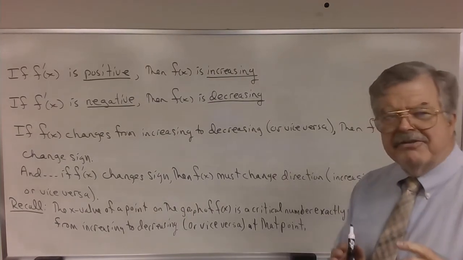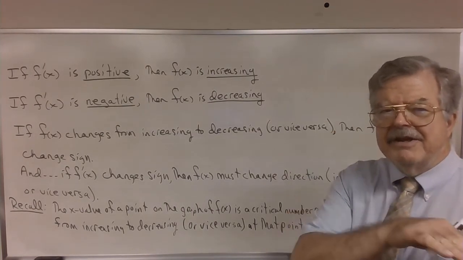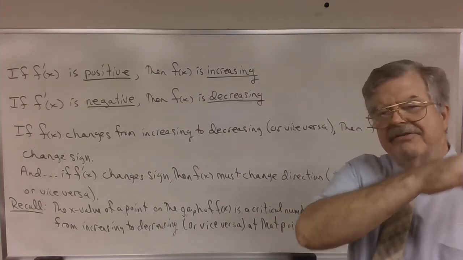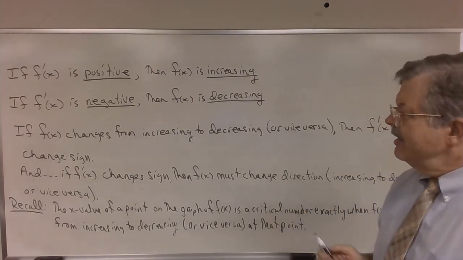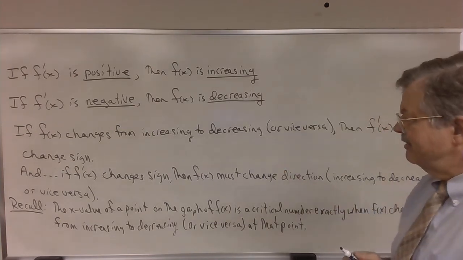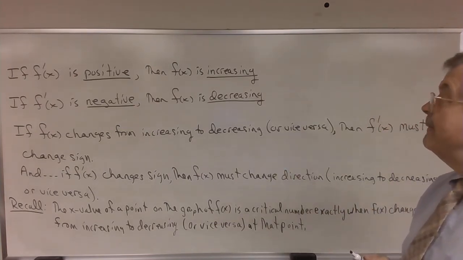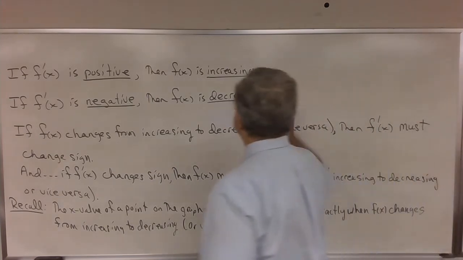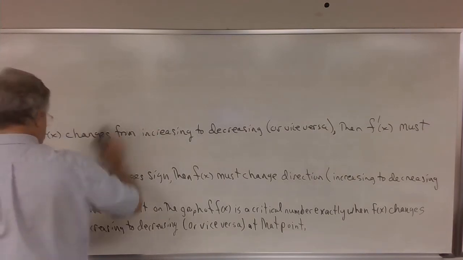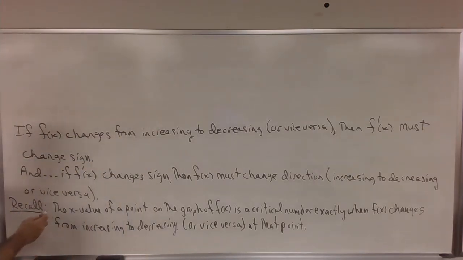But if f of x changes from increasing to decreasing or decreasing to increasing, the sign of the derivative has to change too, doesn't it? So I guess we're going to have to add something else to our pool of knowledge here.